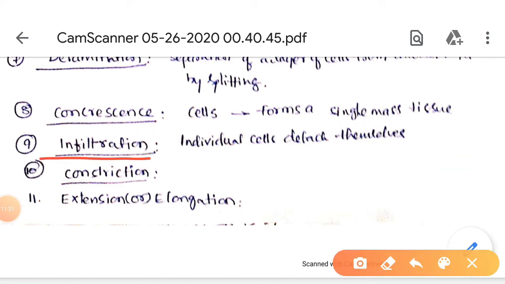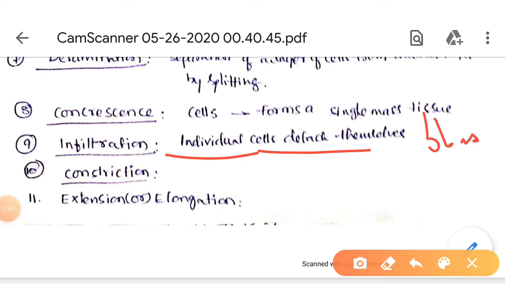And another one, infiltration. Infiltration occurs during the development of endoderm in amniotes. So here the individual cells detach themselves from the surface of the blastoderm and these cells fall into the primary blastocele.